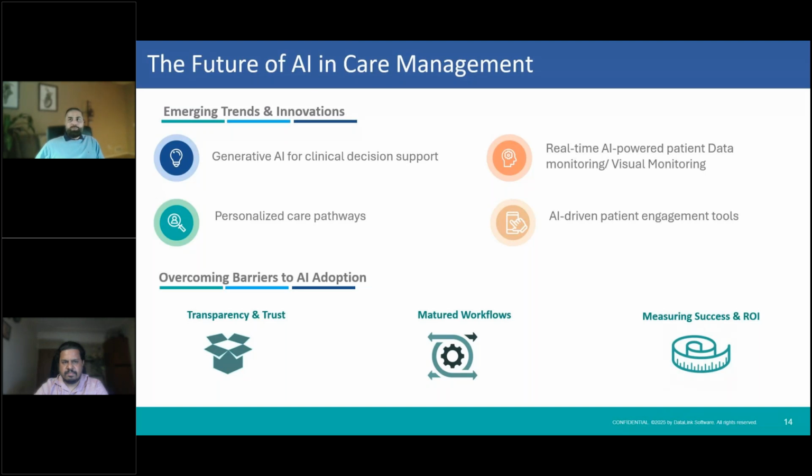From the future perspective, the AI-driven real-time patient monitoring is also transforming acute chronic care management for the high risk, high cost patients. Now, by continuously analyzing the vitals, lab trends, and the patient behaviors, AI can detect early warning signs.